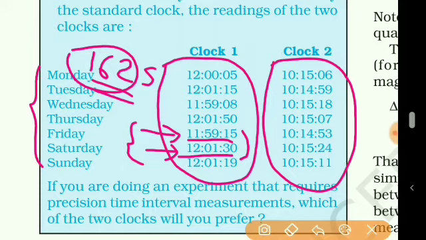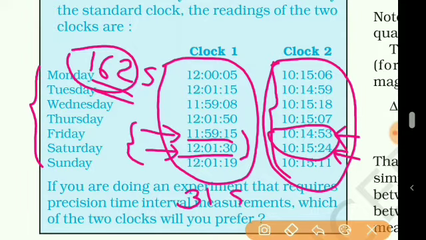Similarly, if you observe the minimum and the maximum for the second clock, you will find this reading as the minimum and this reading as the maximum from all the observations. And if we take the difference between these two, we will find that the difference is 31 second. So which clock gives the minimum difference in time?